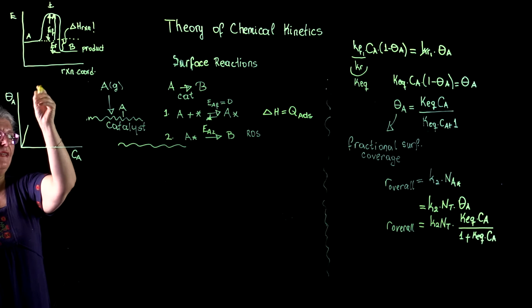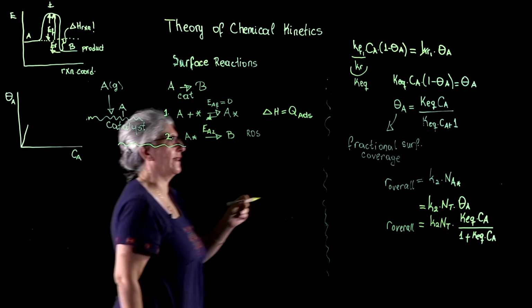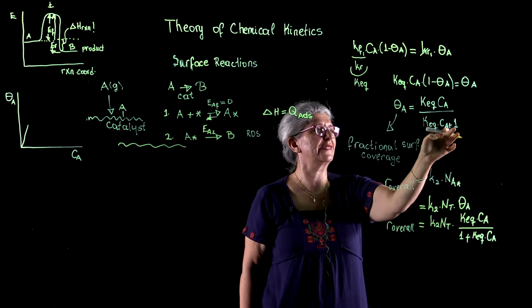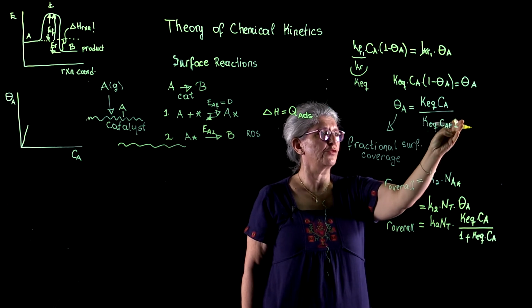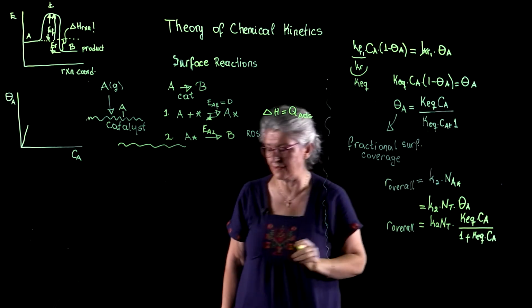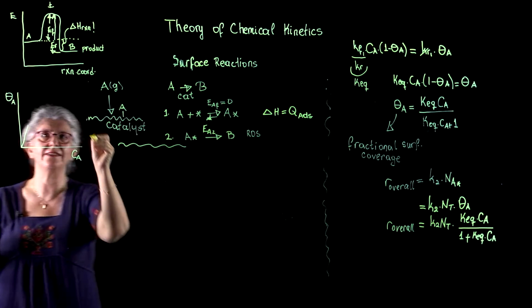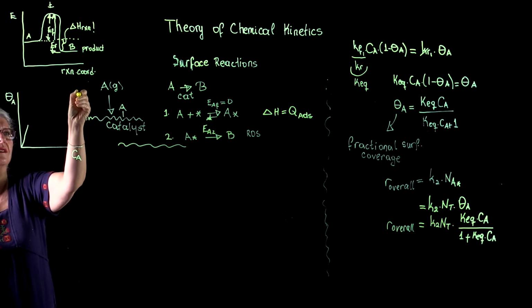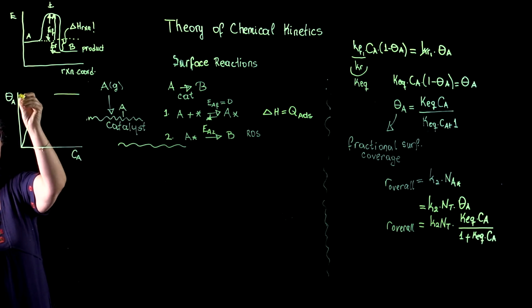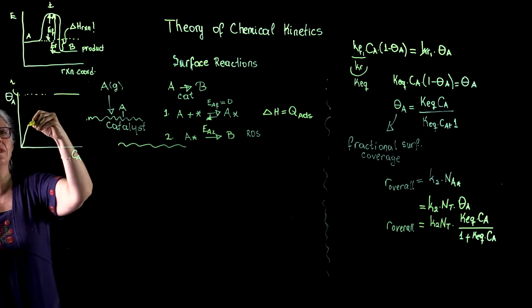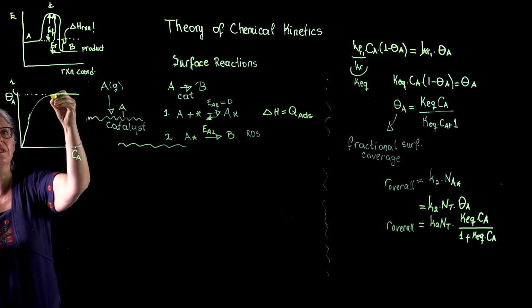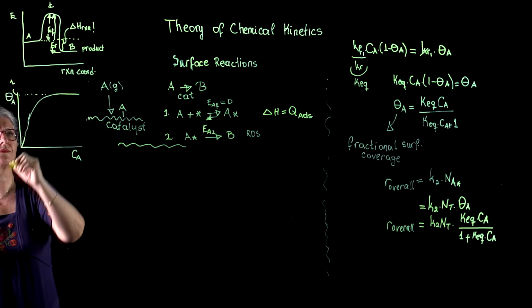Okay. The other domain is when this group is far bigger than 1. Then we ignore 1. They cancel one another, and theta A at very high concentrations is equal to 1. This is 1. So we have a mixed region in between. Okay, so this is the isotherm equation.